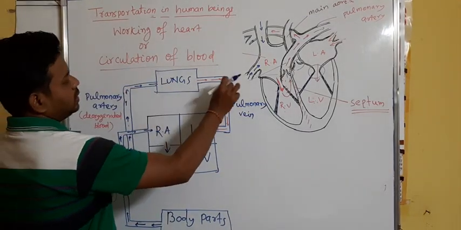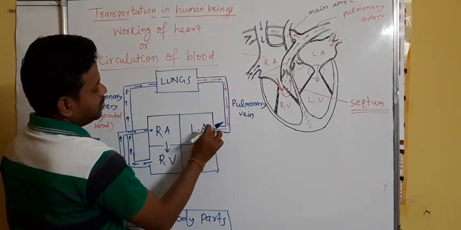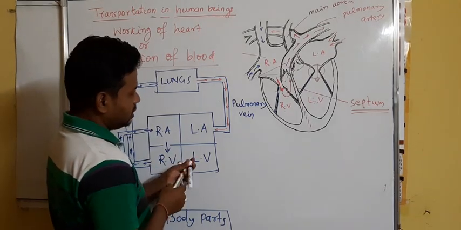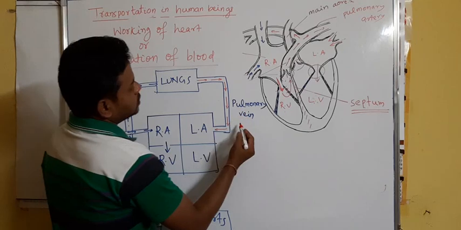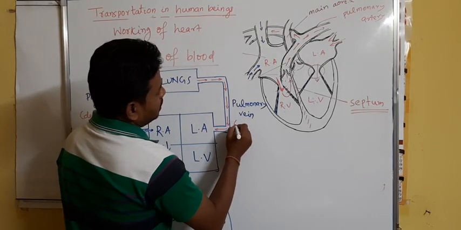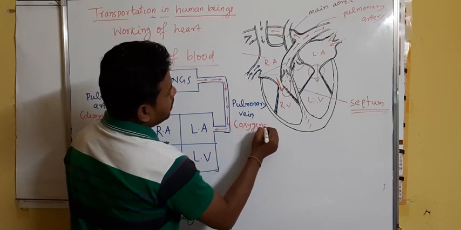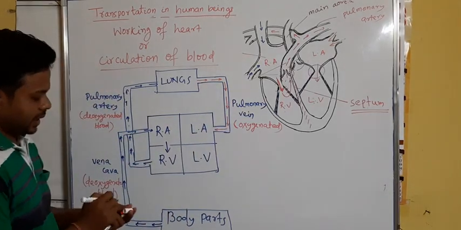Through the pulmonary vein, the blood is collected from the lungs and it will reach to left auricle. And here you can see, as the exchange of gases takes place here, the pulmonary vein will carry oxygenated blood. That's why I have given the red arrow mark.